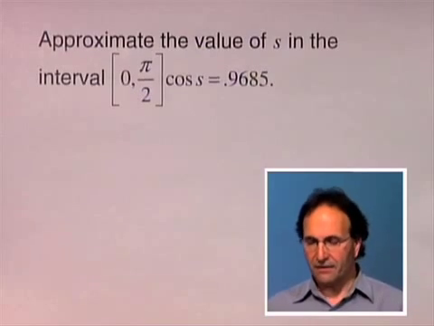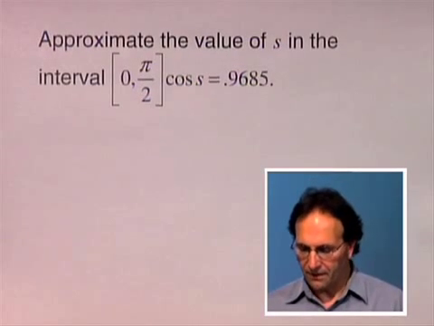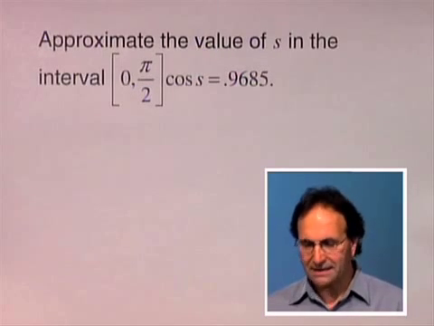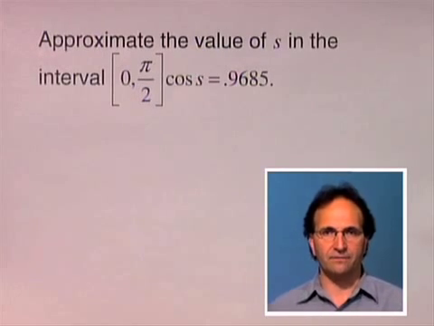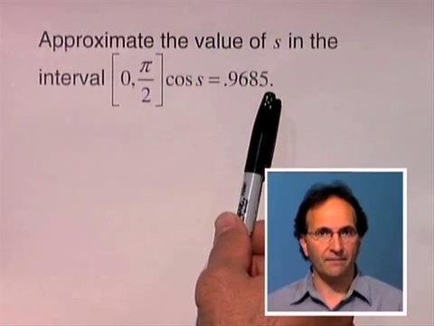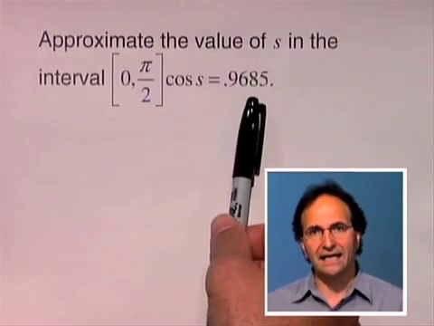In this example, we'll find a number given its circular function value. Approximate the value of s in the interval 0 to pi over 2 for cosine of s equals 0.9685. So this time we're given the value of the cosine, and we're asked to find the real number s whose cosine is that.